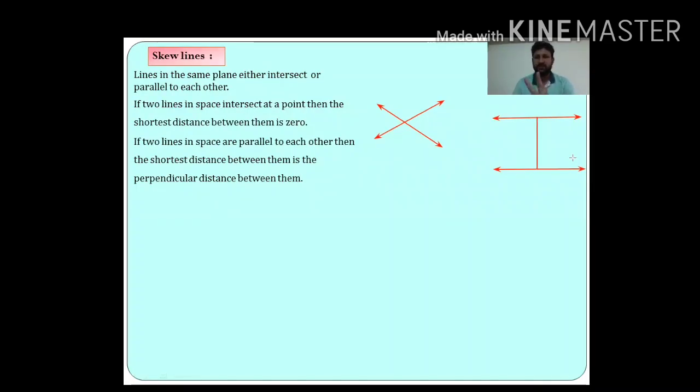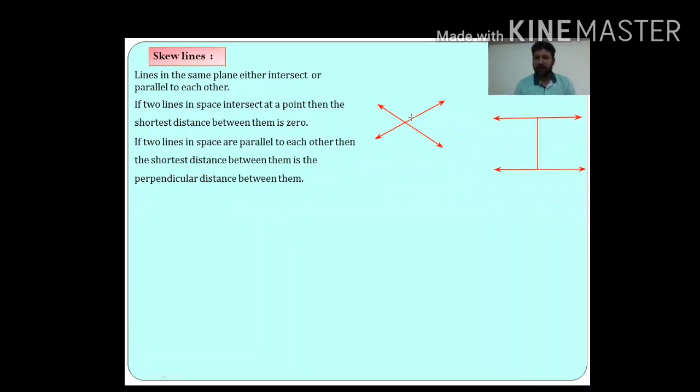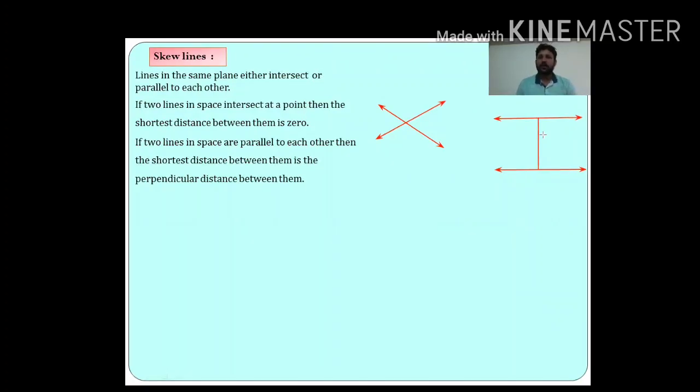So two concepts: when lines intersect, the shortest distance is 0, and when lines are parallel, the distance is the perpendicular distance between them, always the same everywhere. So you have seen two possibilities in the plane: lines may be intersecting, otherwise parallel.